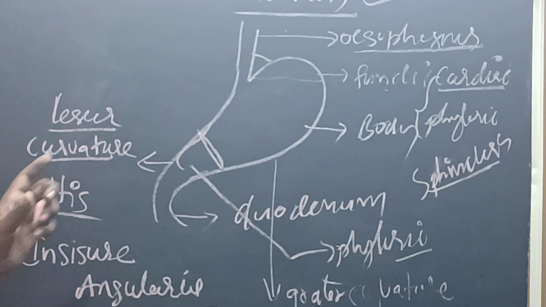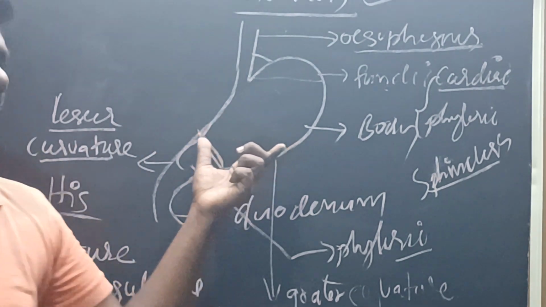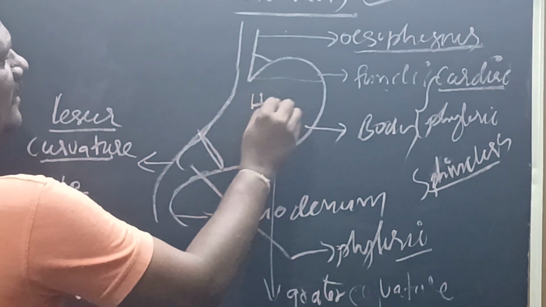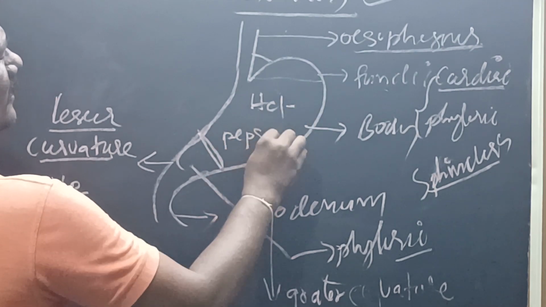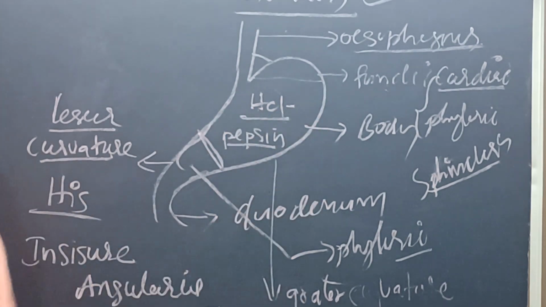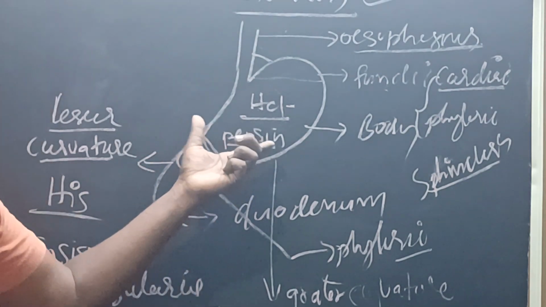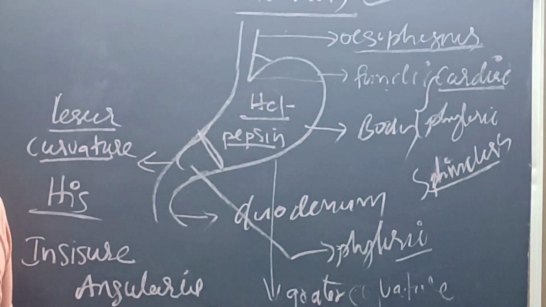What is the main function of the stomach? The stomach stores the food for a long time, and it also secretes HCl, hydrochloric acid, and pepsin, which is an enzyme. Hydrochloric acid changes the food from alkaline to acidic.